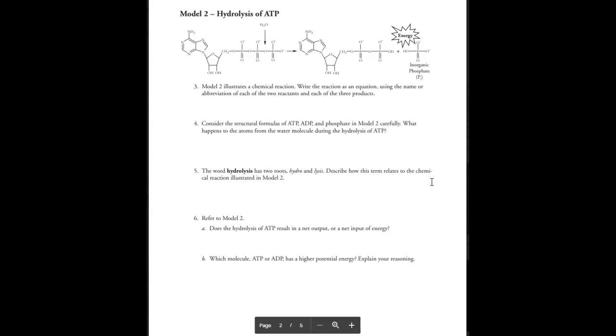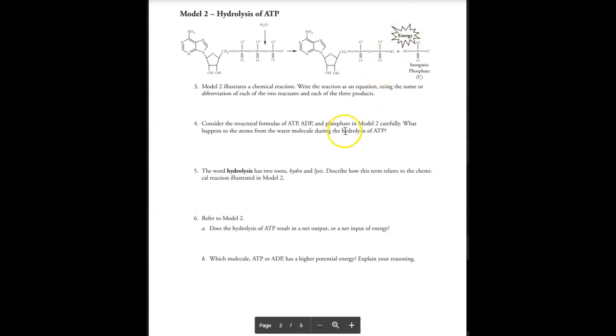But the main idea here is, again, this is hydrolysis. Remember, we're splitting. So we're taking one thing and we're breaking it into multiple pieces. So we take one ATP, water's involved, it comes in, it busts this off right here, and we're left with an ADP. We're left with that phosphate group that got broken off right here. And when it breaks, it releases energy.